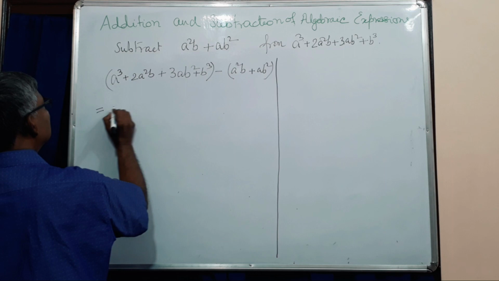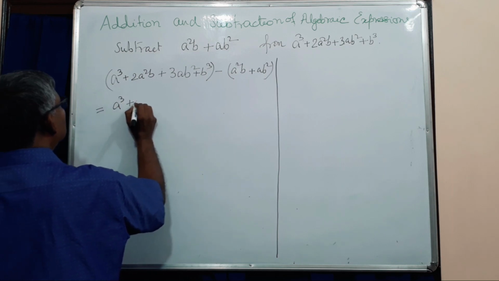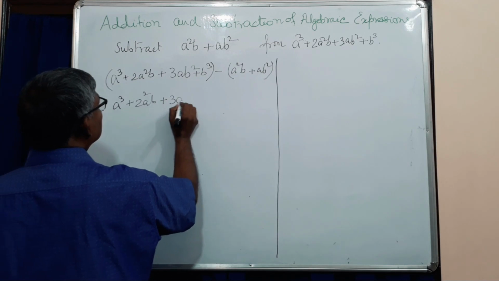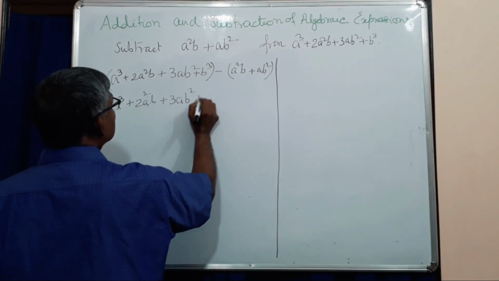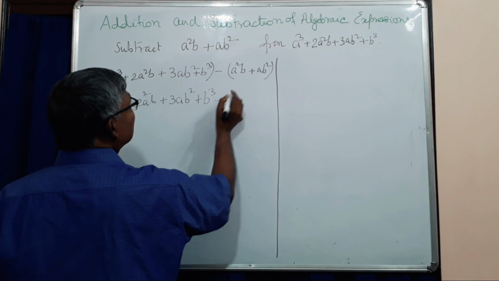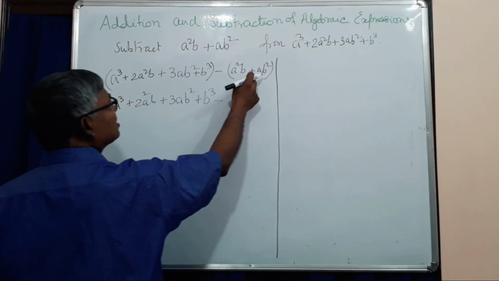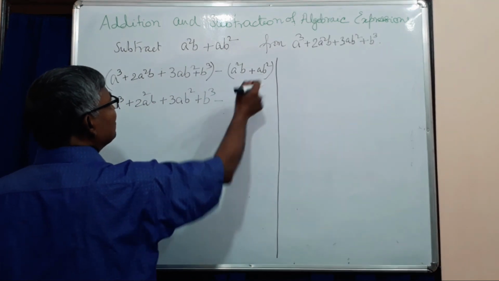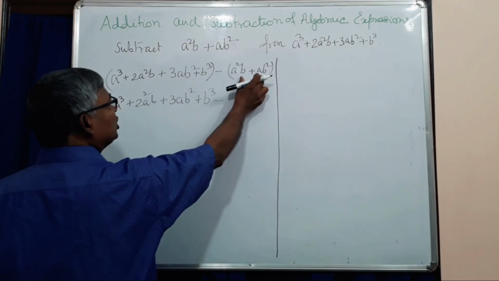And it will be a cube minus, here you see here is plus and here is minus, outside the bracket is minus, and both the numbers are positive.